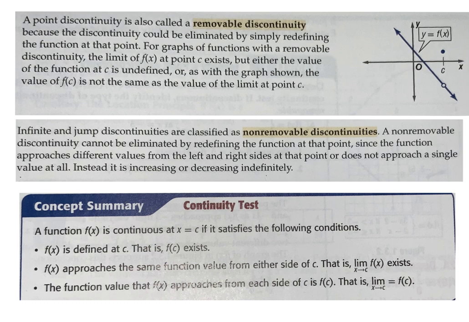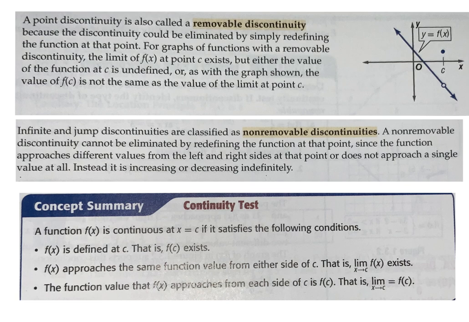So can you just plug that point in and it give you a number without any problems? If that's yes, then you're on your way to continuity. The other thing you're going to look at is if you go from the left and the right, are you coming towards that point? That is the limit as it goes towards that point. And so if those two equal what you're going towards and what it is defined at, then you have continuous.